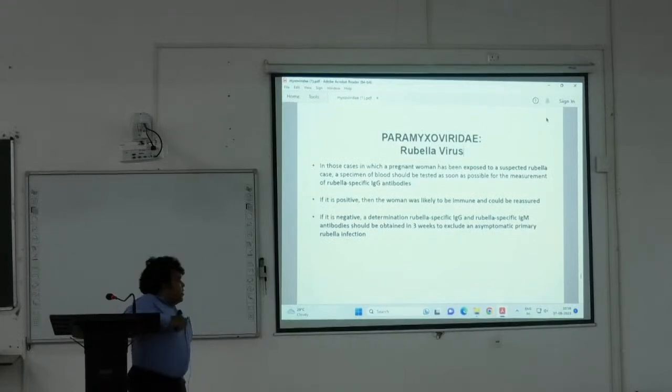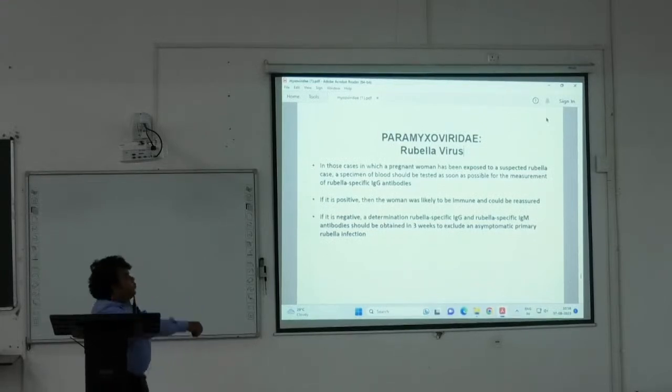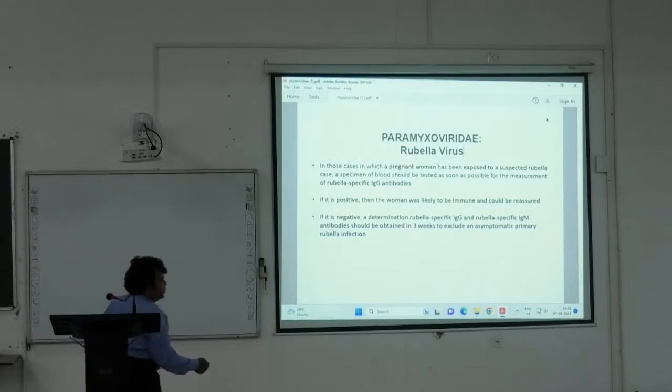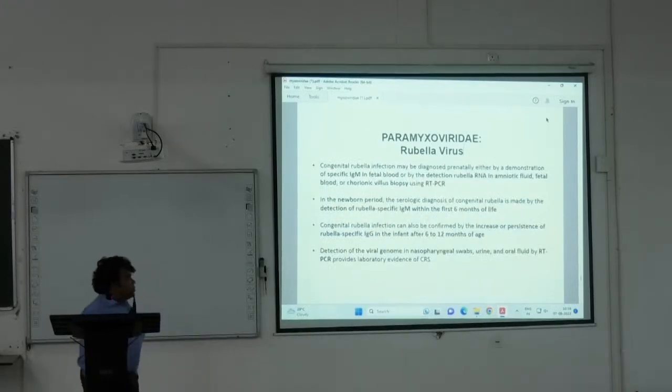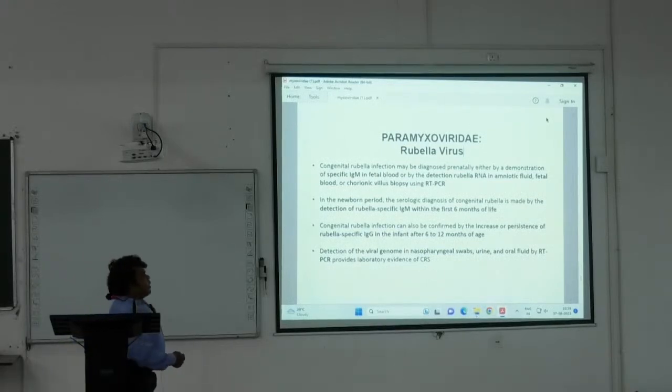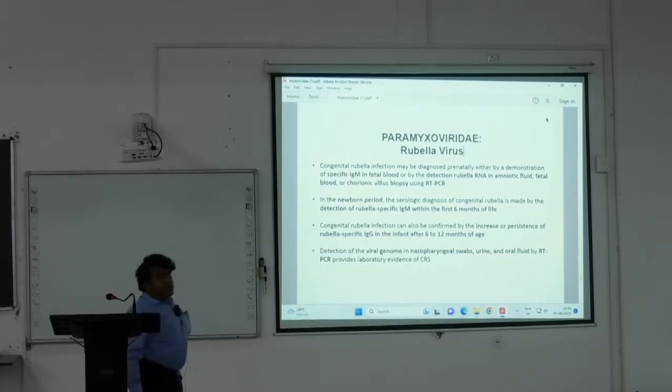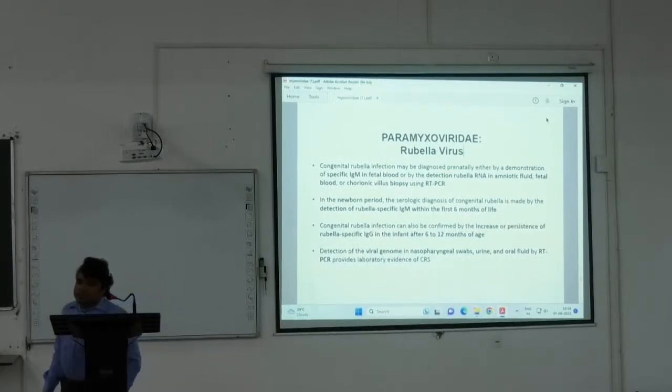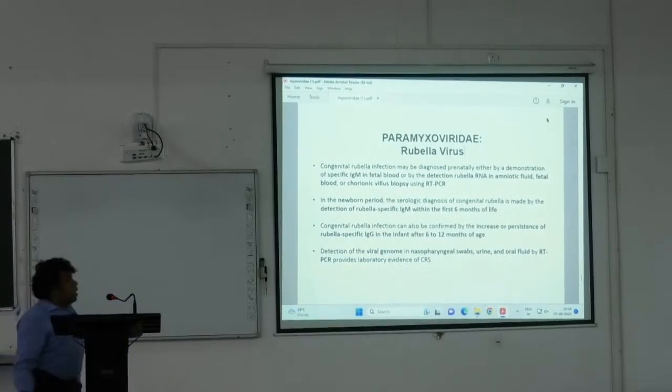If that is the case, then we have to exclude a 3 week period to exclude asymptomatic rubella infection. If it is a rubella infection, prenatally the diagnosis can be done by specific IgM in the fetal blood or detection of rubella RNA in amniotic fluid or chorionic villus sampling using RT-PCR. This is the antenatal diagnosis, before the child is born.